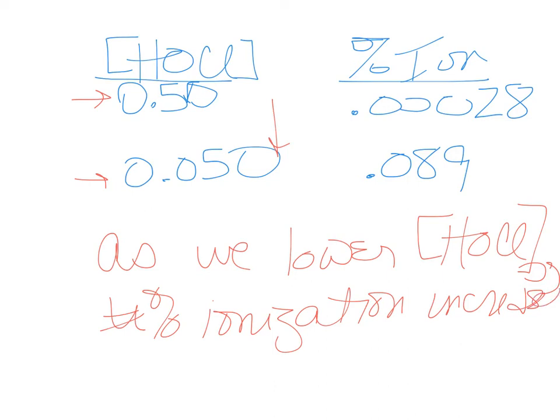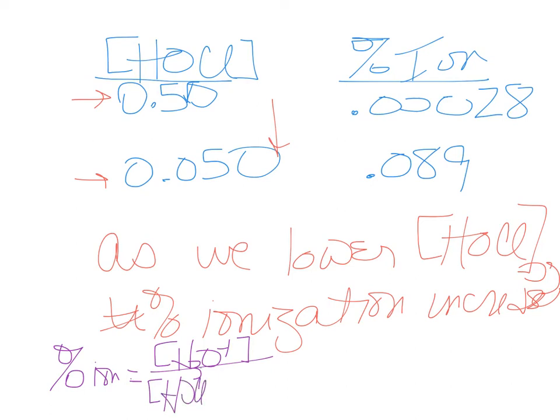So I want you to think about why that might be. I would not require that on my test, but I think it might be a good bonus. And to give you a hint, think about the equation for percent ionization: the concentration of hydronium ion, in the case of an acid, over the original concentration of the intact acid.